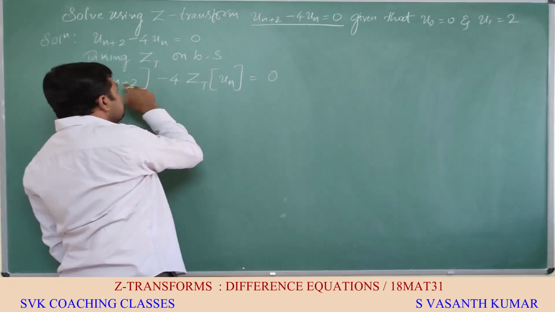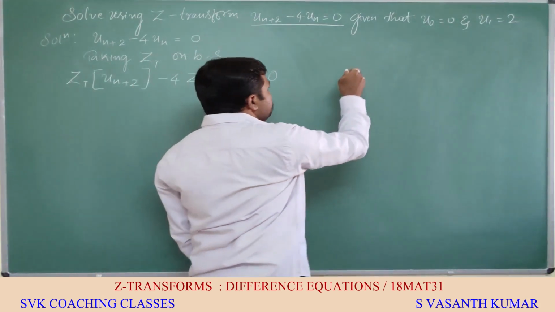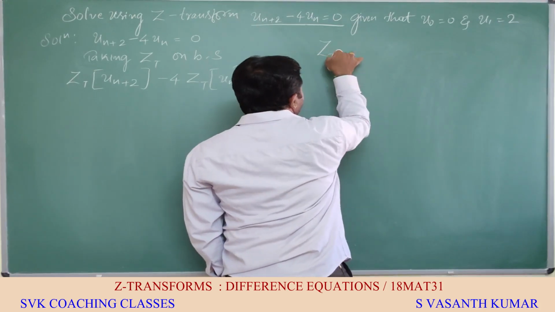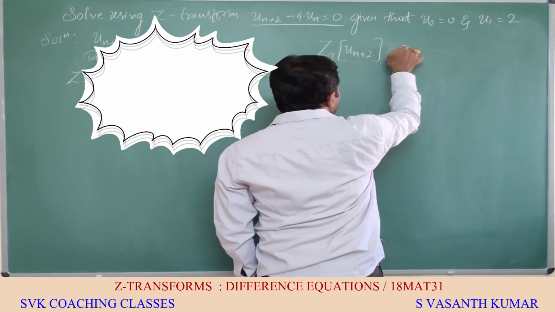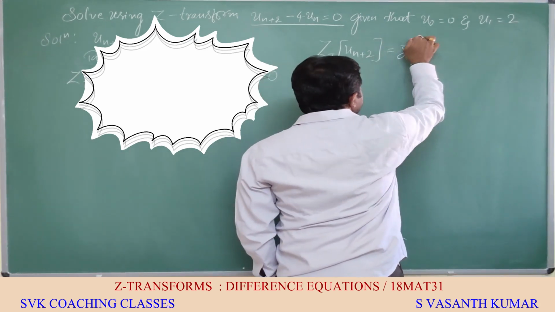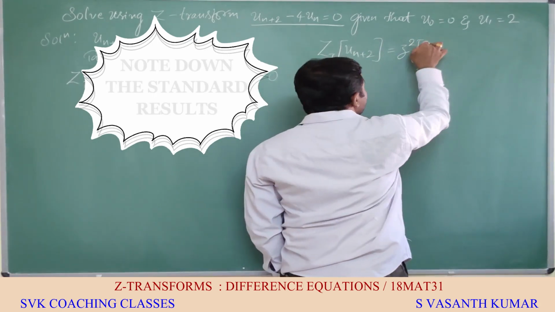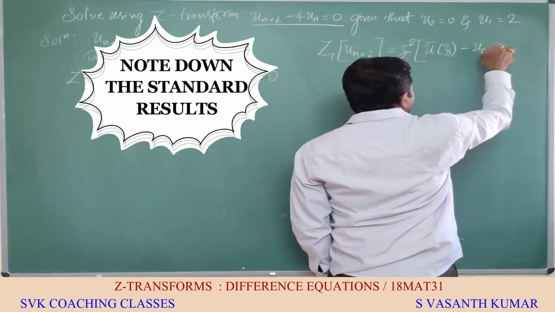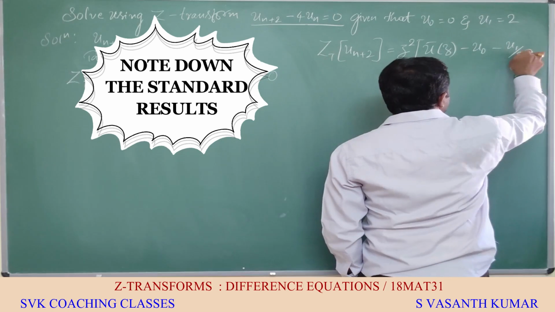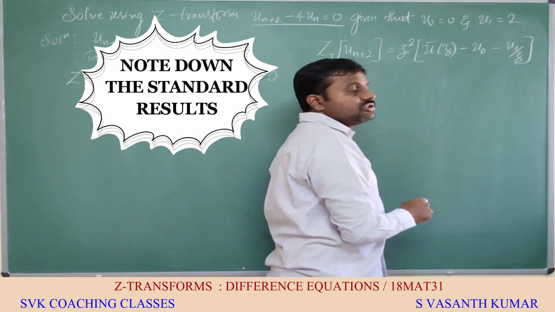Now, one thing you should remember here are the standard values. Z transform of u(n+2) is defined as z square into u bar of z minus u0 minus u1 by z.